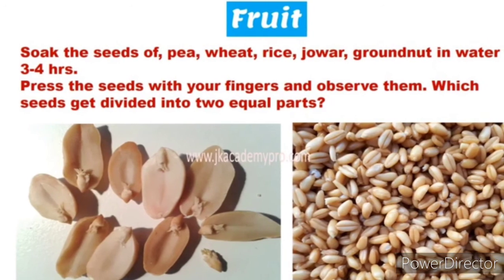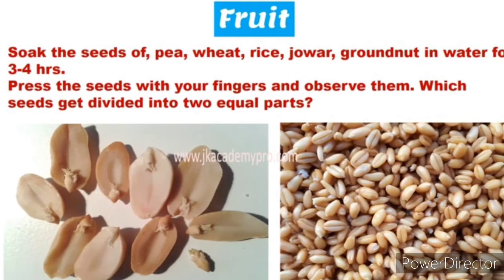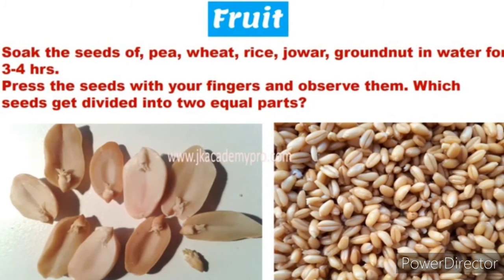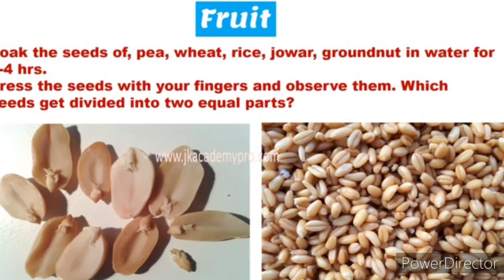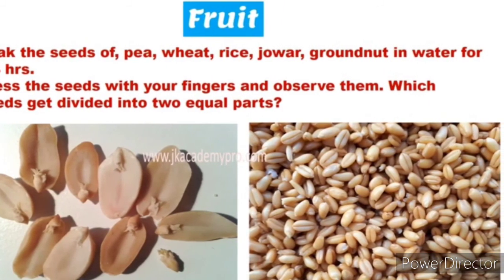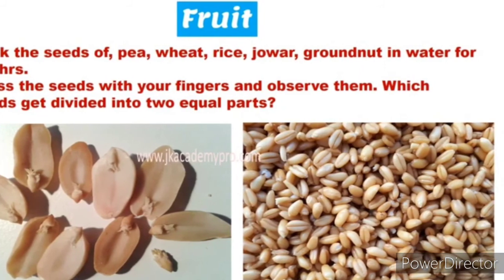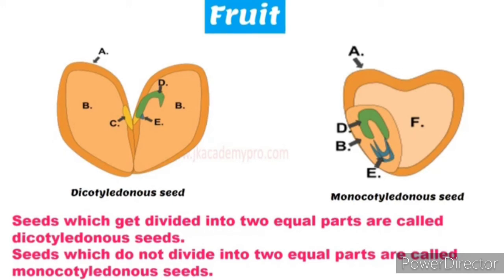Soak the seeds of pea, wheat, rice, jowar, groundnut in water for 3 to 4 hours and press the seeds with your fingers and observe them. Which seeds get divided into two equal parts? Now you will see our groundnut. If you open the groundnut with your finger, you will see two parts are there.